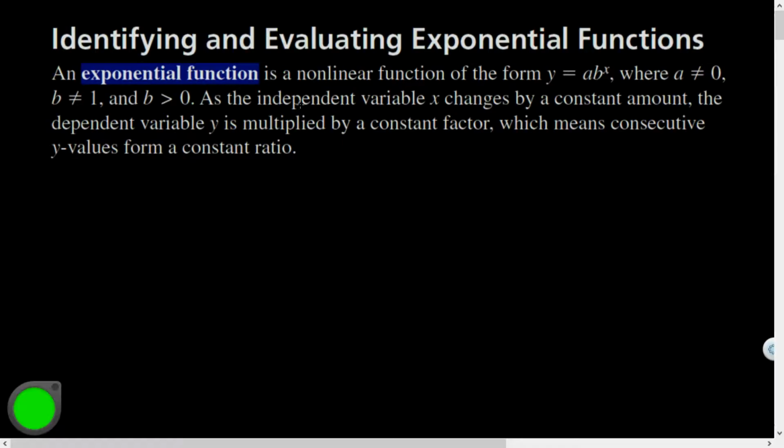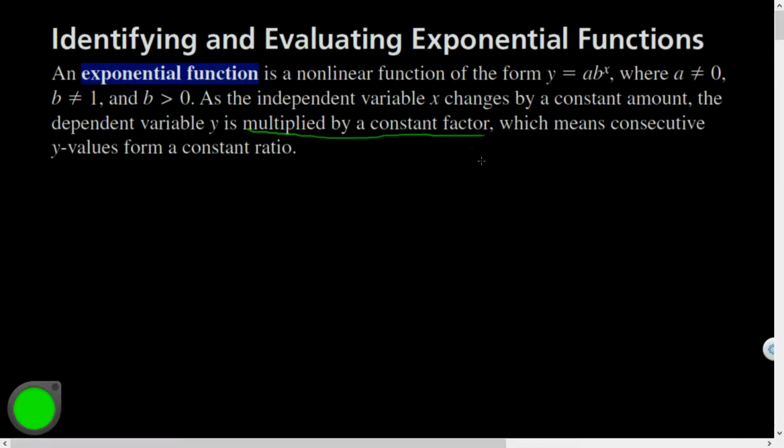It says as the independent variable x changes by a constant amount, all right, so as I increase x by 1s, right, we made a table as a class earlier, and the x's were increasing by 1s. It says the dependent variable y is multiplied by a constant factor.